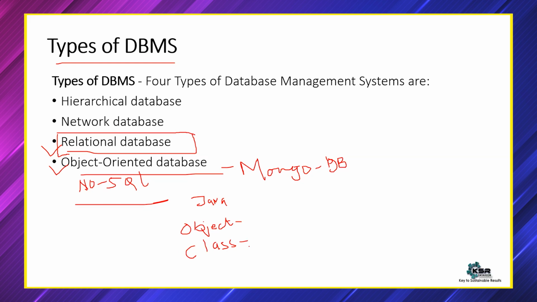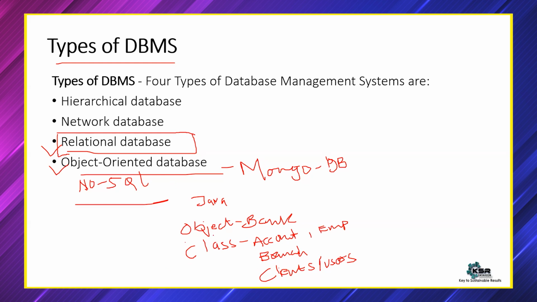If I take an example of a bank, bank is an object, and in this bank there are multiple accounts. Account is a class. There are branches, branch is a class. There are clients, n number of clients or users. These are all classes. There are multiple employees who work in that bank. Employee is also a class. Now this is how the data looks like in an object oriented database.